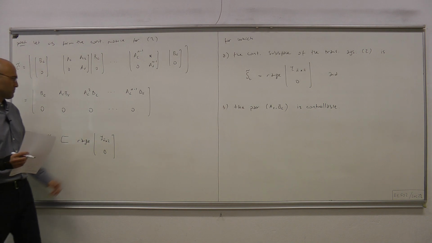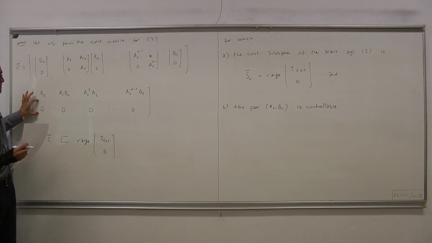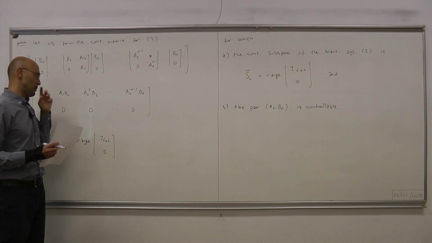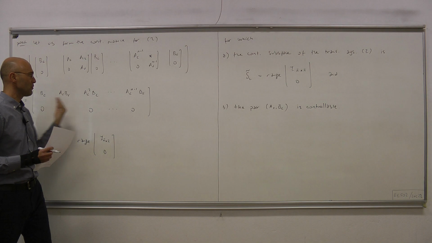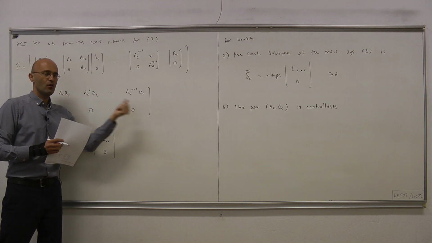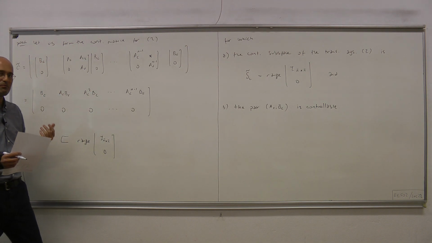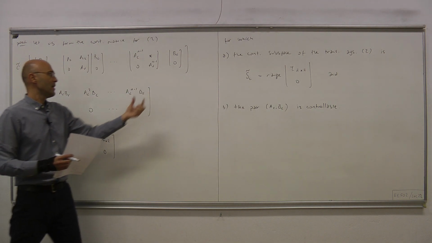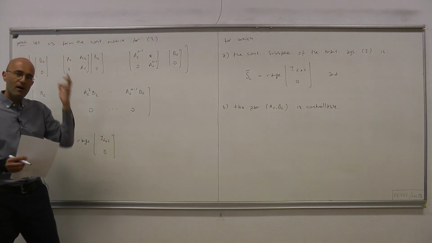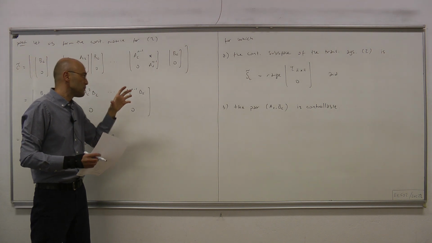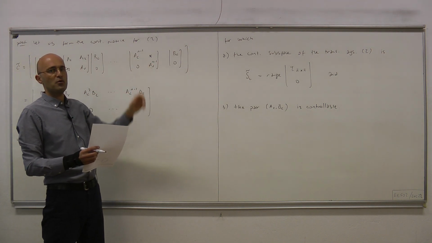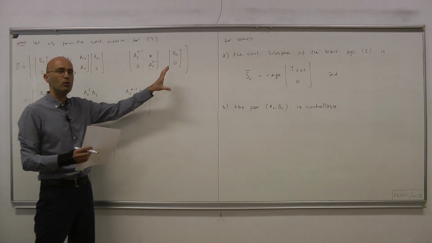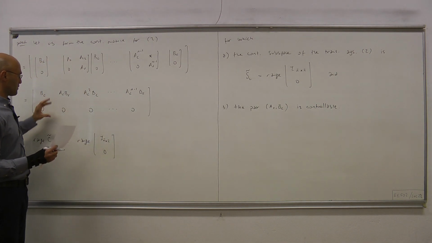Since the last n minus n bar rows are all 0, any linear combination of the columns of this controllable matrix would yield a vector that has arbitrary numbers for the first n bar entries, and the remaining n minus n bar entries will be all 0 because of this structure.